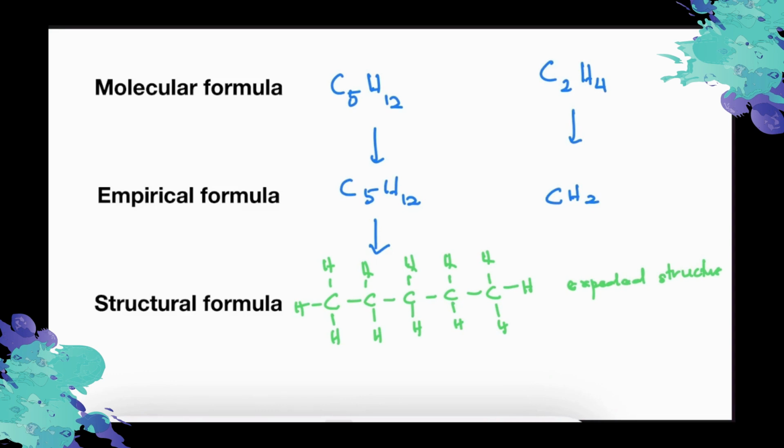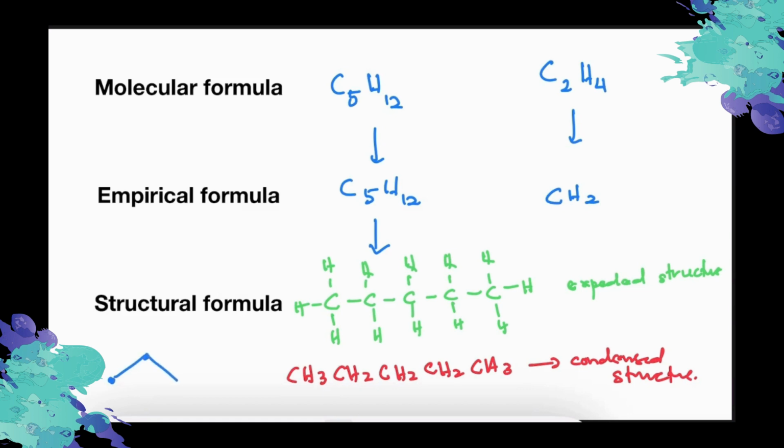We also can draw the structure in the form of condensed. 1, 2, 3, 4, 5. This is what we call a condensed structure. And we also can draw the structure in the form of skeletal. We have the first carbon, second, third, fourth and fifth.